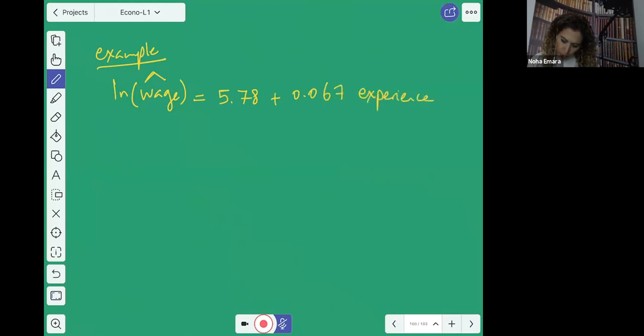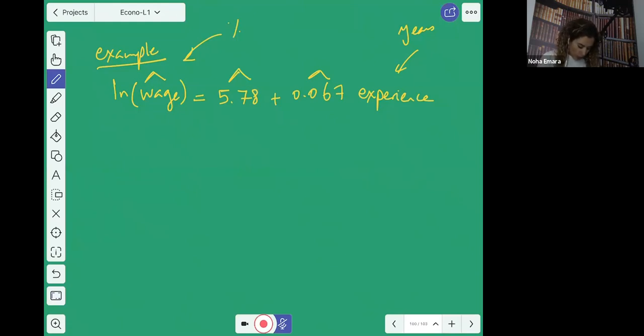So this model is trying to find how experience, or the years of experience, so this is in years, this is in percentages, right? So how the additional years of experience would affect the percentage change in wages, okay? It makes sense to say that the additional years of experience would have an increase, or wage would have a percentage increase.